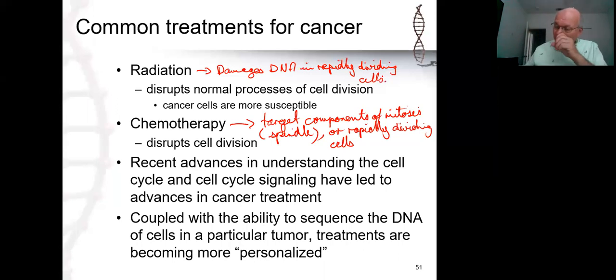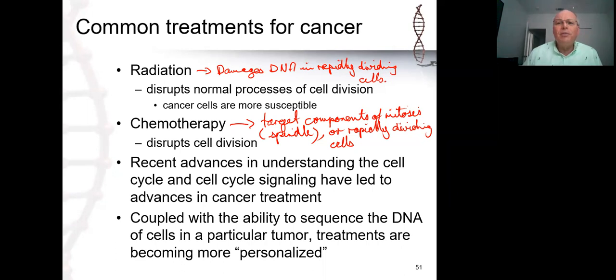And the reason why that's important is because, as we'll discover in Chapter 17, there are mechanisms in place to repair DNA damage. And under normal circumstances, your cells are pretty good at repairing DNA damage that occurs, quote unquote, naturally or normally.